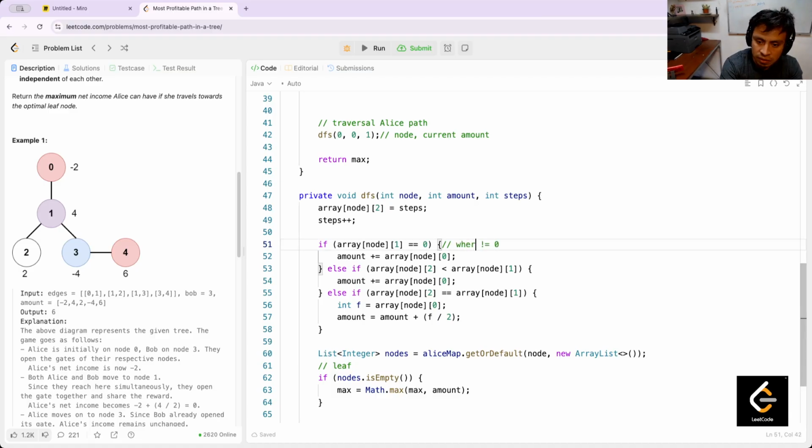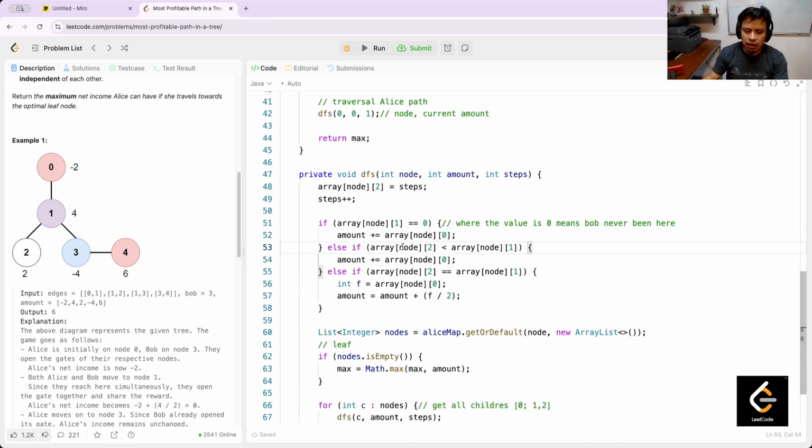Where the value is 0, it means Bob never has been here or never crossed here. For example, the 2 contains the 0, because at no moment did Bob cross this point, and in this case it is only plus the positive or negative value. This doesn't matter.